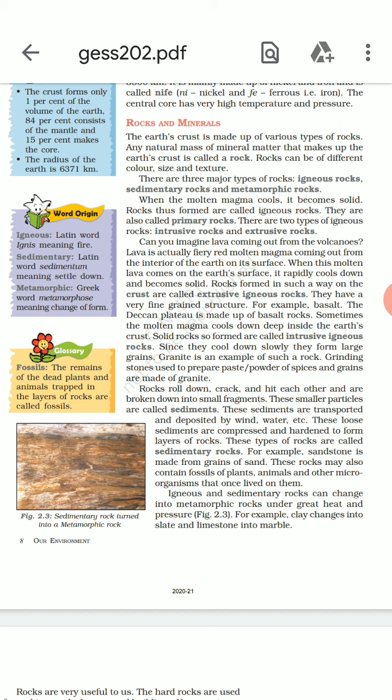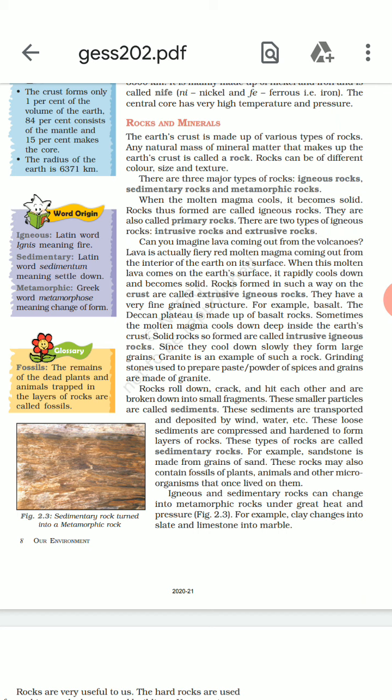Rocks roll down, crack and hit each other and are broken down into small fragments. These smaller particles are called sediments.